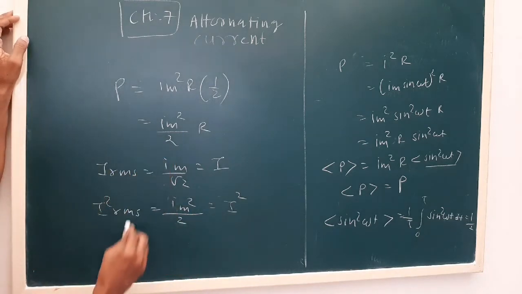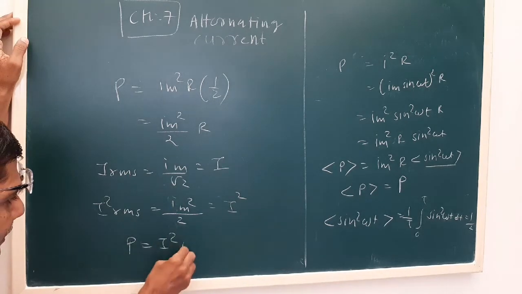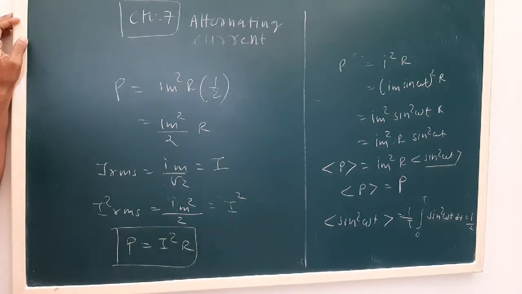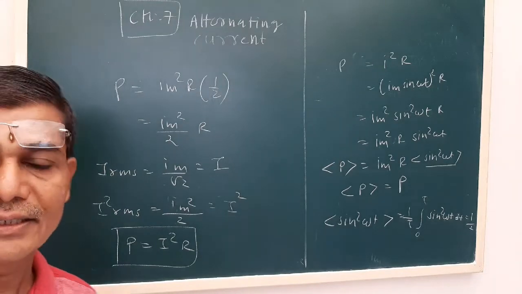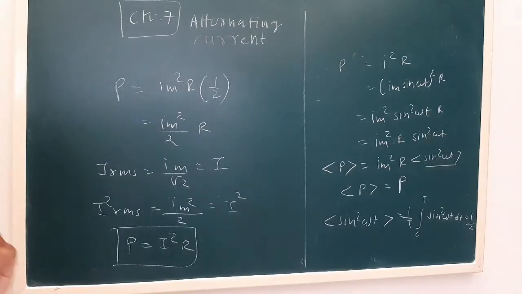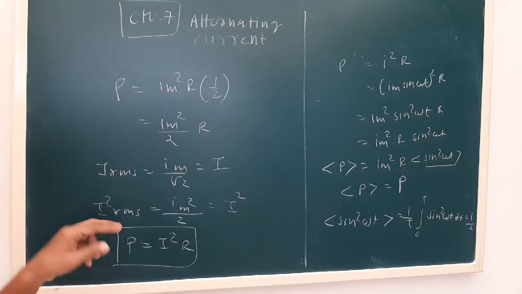So power is I square R, which earlier we used in the third lesson for DC. Here capital I is sometimes denoted as IRMS, so we have to remember the notation also.